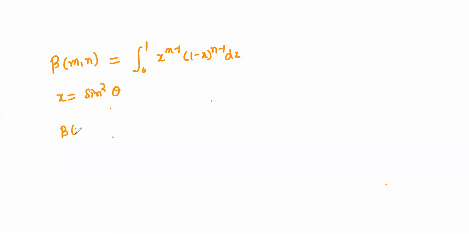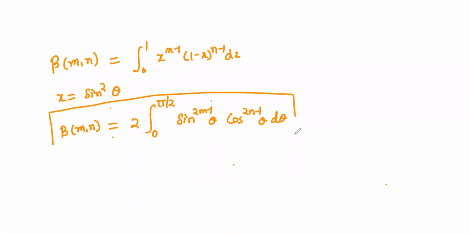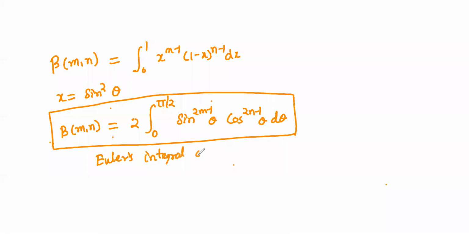So we come up with beta(m, n) is equal to the integral 0 to pi by 2 of sine 2m minus 1 theta, cos 2n minus 1 theta, d theta. This is called Euler's first kind integral. It is called Euler's integral of first kind.